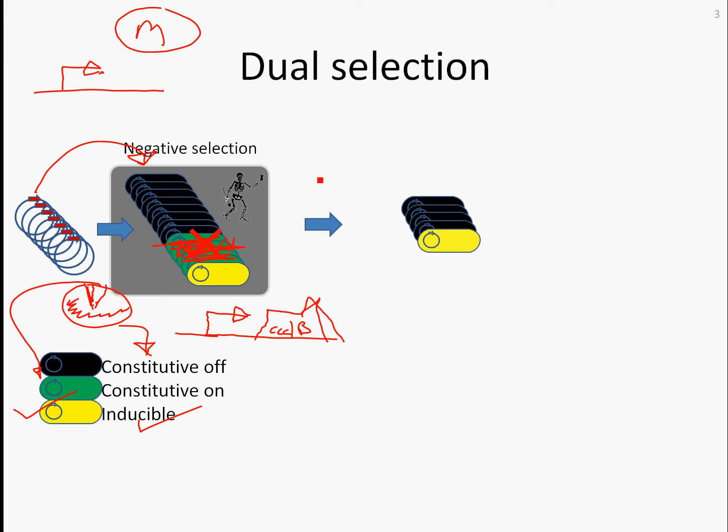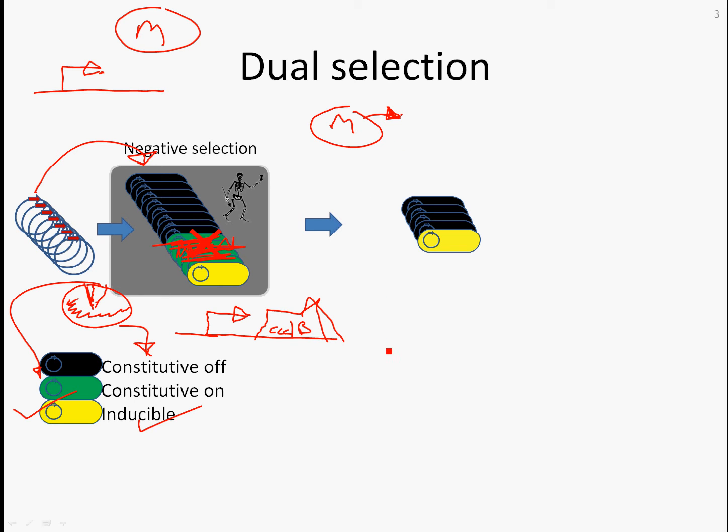The next phase is the positive selection. We've gotten rid of the constitutive on. Now we want to find our clone that is going to respond to our molecule M. During that positive selection, we're going to induce with M. That means we're going to throw a little bit of M into our media or our plates, however we're doing our induction. And then we do the positive selection.